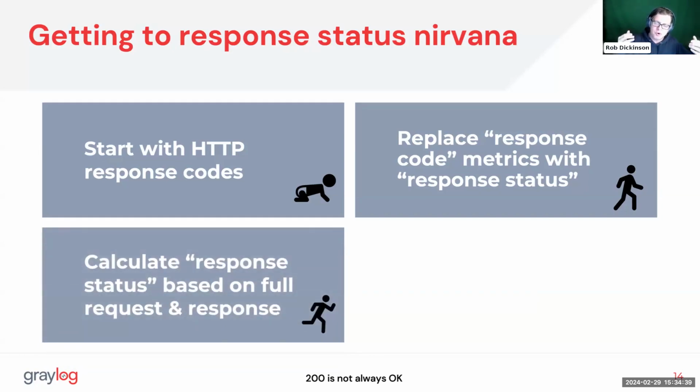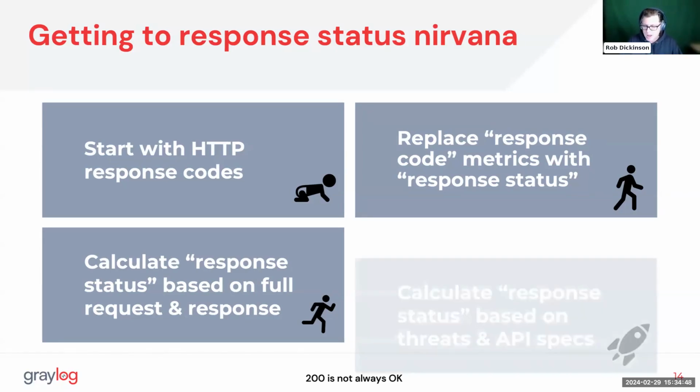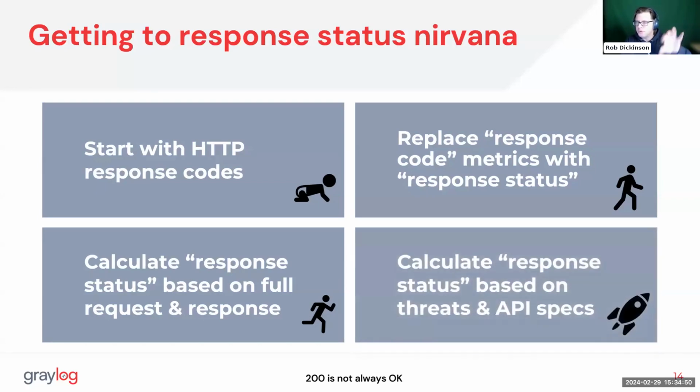You can then get to more of a run stage if you're calculating that response status based on the full request and response together. And then if you can mix that with threat intelligence and knowledge about what the API specs are actually doing, you can get to a concept of response status that is truly reliable and independent of some of these ways that response codes can be prone to undercounting threats and failures.